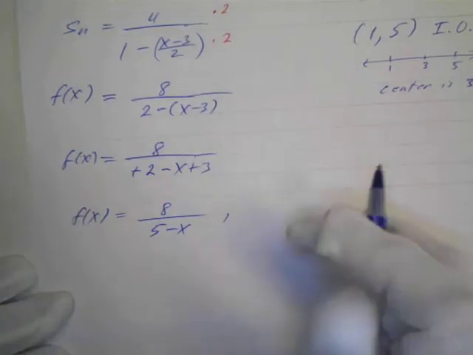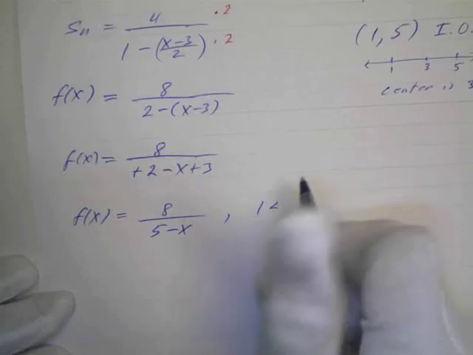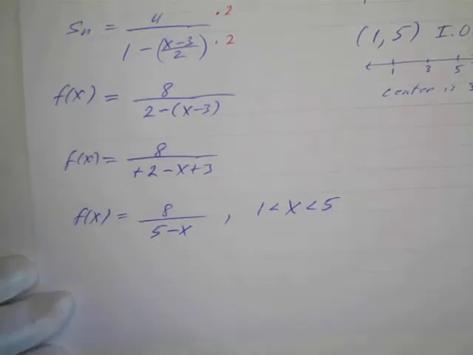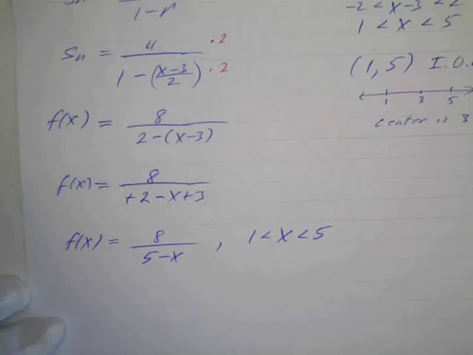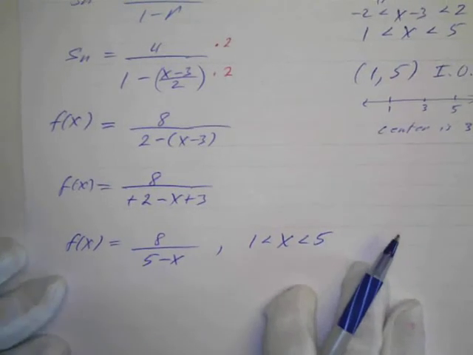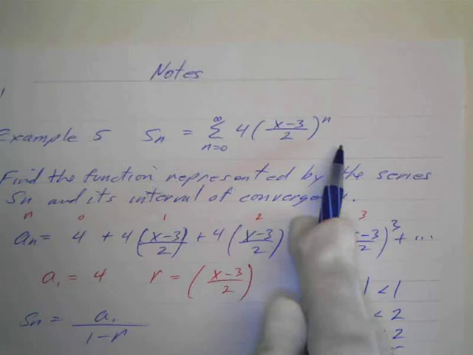And that's only going to hold for the interval of convergence, so x has got to be greater than 1 and less than 5. Okay. So for any number in this range, between 1 and 5, this function can be represented by this series, or vice versa.